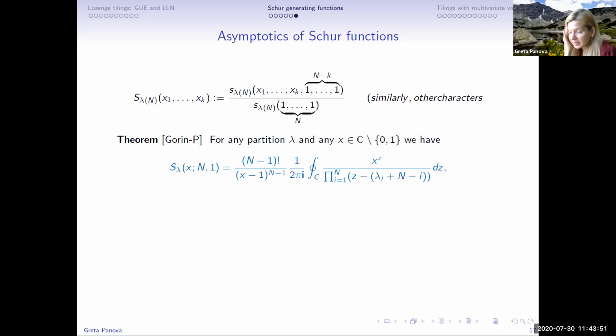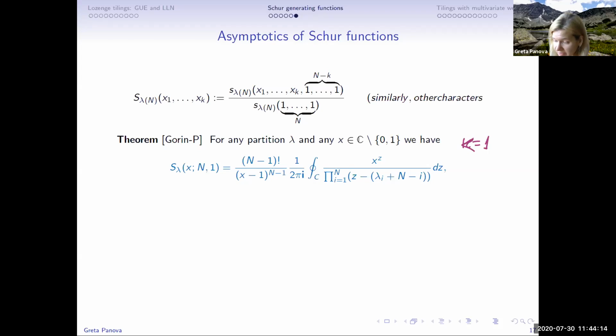But maybe you can prove something like that even without using the Weyl determinantal formula. One is this integral representation if we just have one variable. So this is the case k equal to 1.